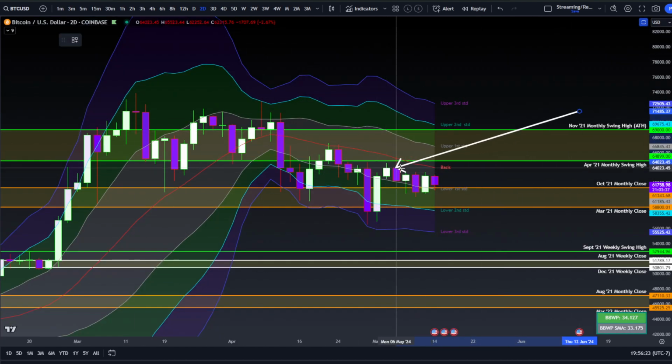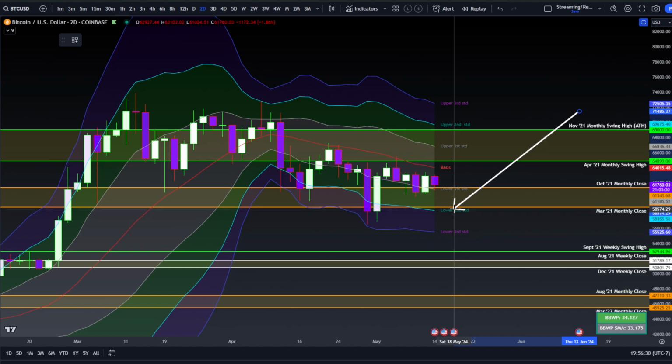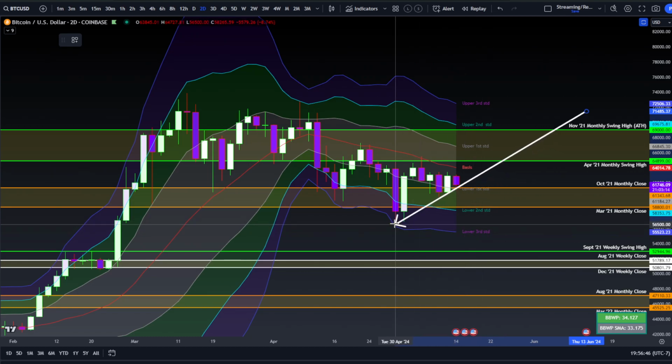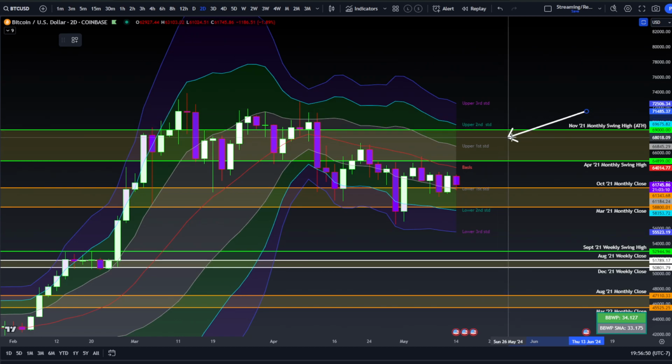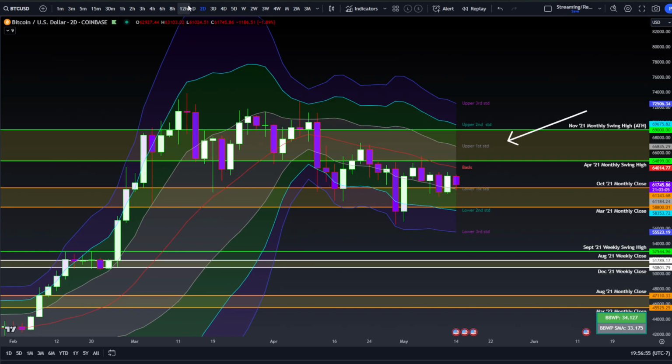Of course, we would have Stoke flipping down, at least initially, giving us those initial targets down to around 58.8, 58.5 area to around $59,000, right by the lows here of the March of 2021 monthly quarterly area. But down below there, you can see the lower third standard deviation is coming in around that 55,000 or so.